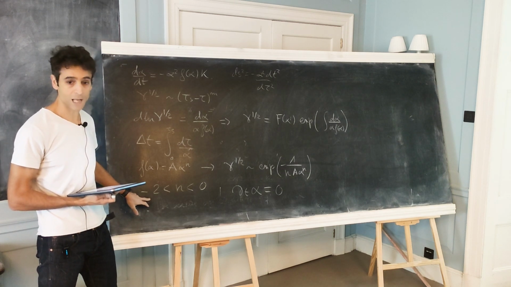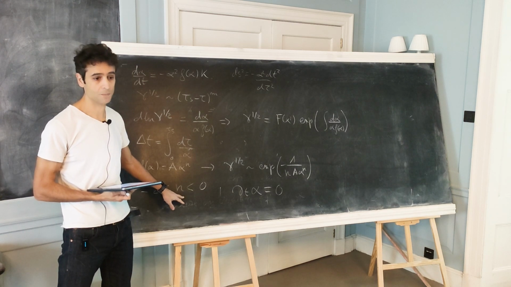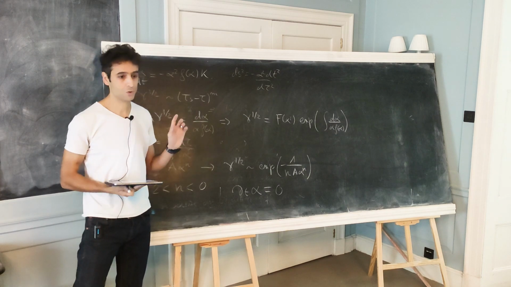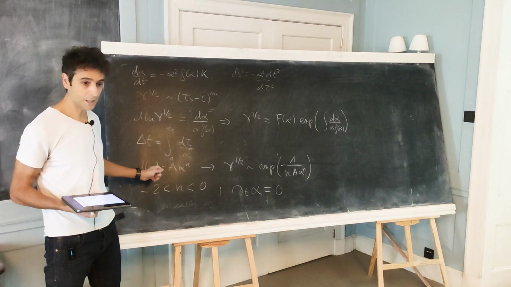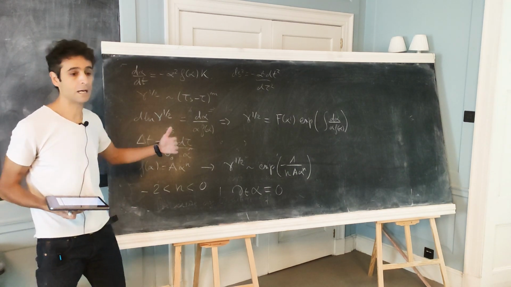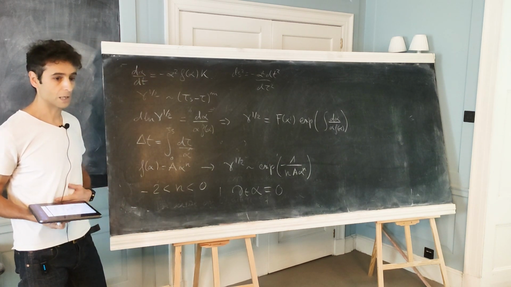So 1 plus log slicing is right in the middle of this sweet spot. Okay, so 1 plus log slicing achieves two things. One is that the volume elements remain finite at all times, so there's no curvature singularity, and second, the lapse freezes, so there's no time evolution inside black holes.